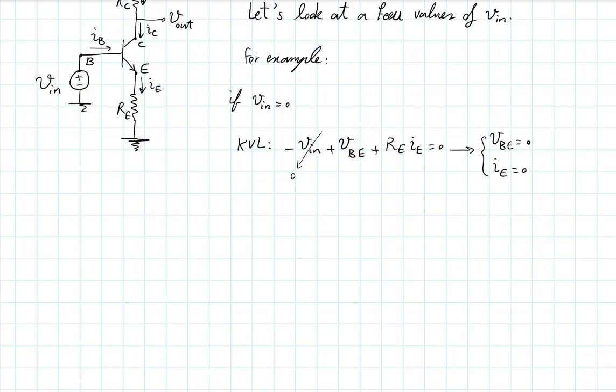VB is grounded, right? But VE could be something else. Why can I not have a positive VBE and a negative IE, or vice versa? So why am I able to make the conclusion that these are both 0? Intuitively, I think many of us feel that that's the case, but I want mathematical rigor in it.